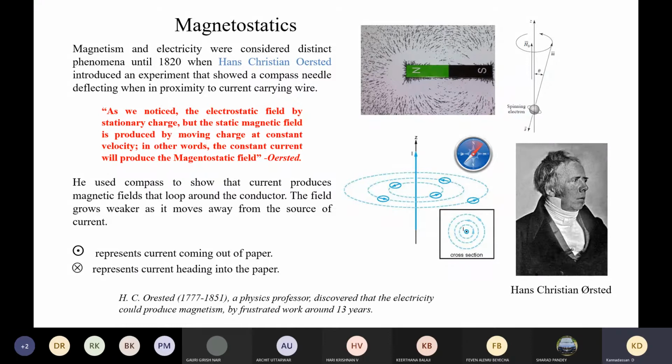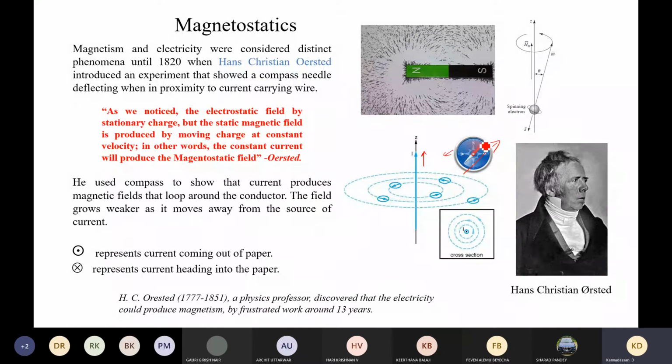But originally, when Hans Oersted developed the theories of electrostatics, he found an interesting phenomenon. When a current is passing through a small thin wire and he moved a compass nearby, he found that the needle keeps on deflecting, and its orientation keeps on changing.